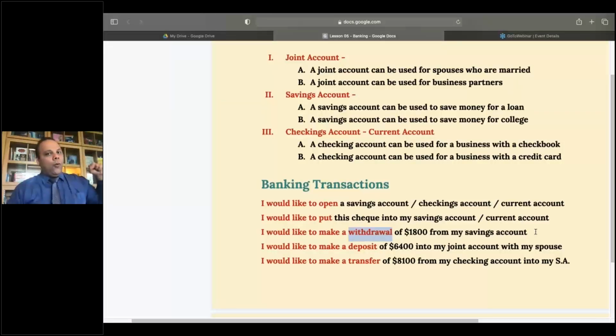A withdrawal. I would like to make a withdrawal. Withdrawal means get money from my account. I would like to make a withdrawal of $1,800 from my savings account.